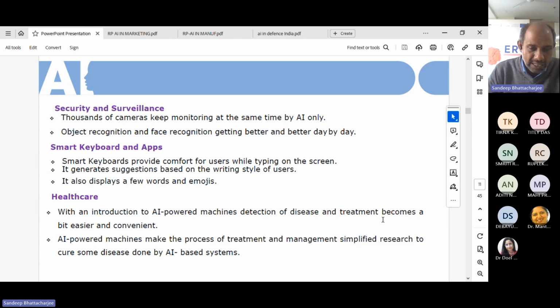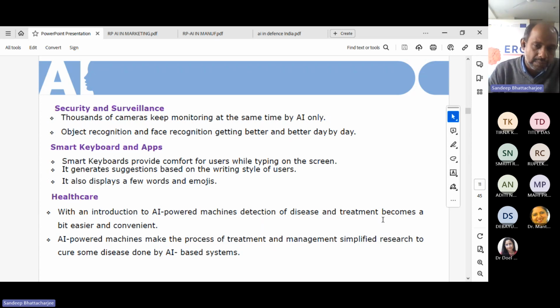Healthcare, I mentioned yesterday also, the domain of healthcare has a lot of AI coming in for its applications. With the introduction of AI-powered machines, detection of diseases and treatment has become a little bit easier and more convenient. Most modern hospitals have a lot of AI-based devices which are monitoring health aspects such as basic health parameters like blood pressure, sugar level, or body temperature, right? Many other ailments can be easily detected using machines which are controlled by AI.